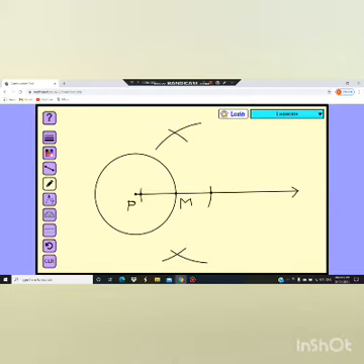Okay, now take a scale and pass a line through these intersecting arcs.